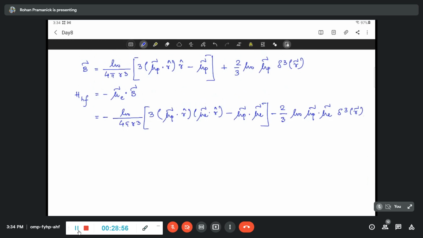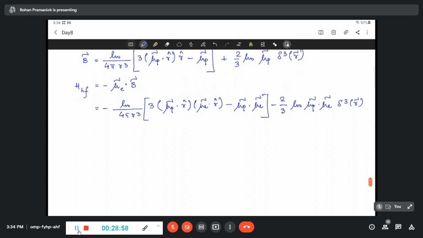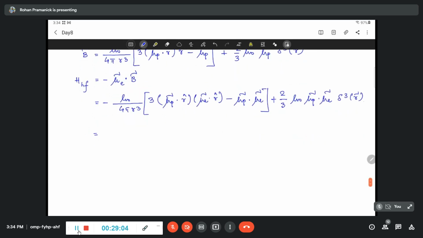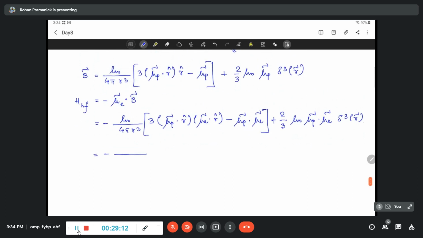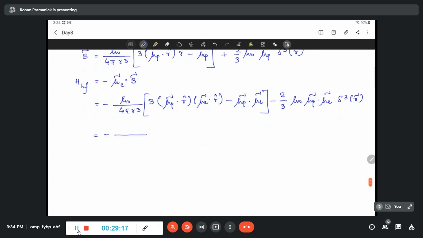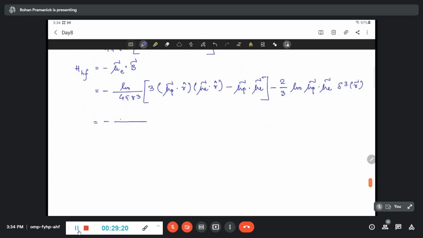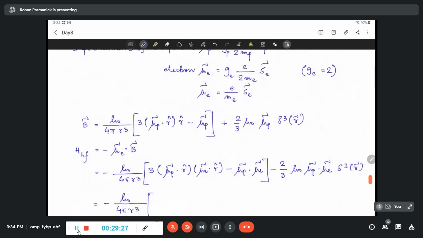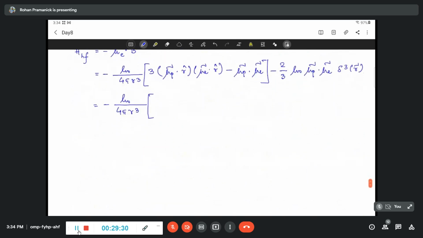There is a minus over here, mu naught by 4 pi r cube. There is a factor of g_p e squared by twice m_p m_e, which I factor out.